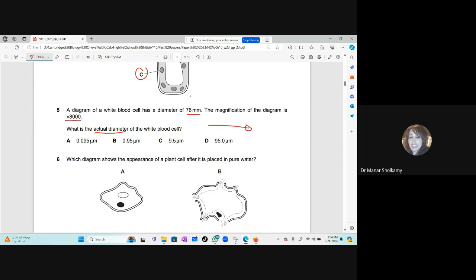How will you do it? What is the formula? Okay. So we have the image, which is 76, and we have the magnification, which is 8,000. How do I get the actual in micrometers?